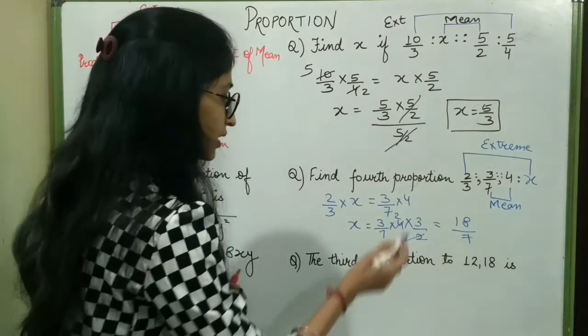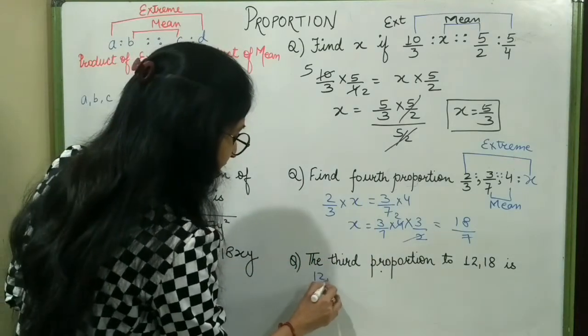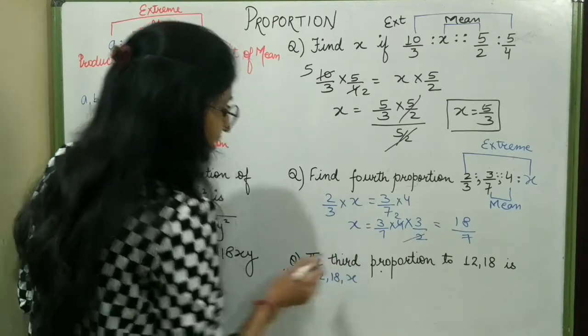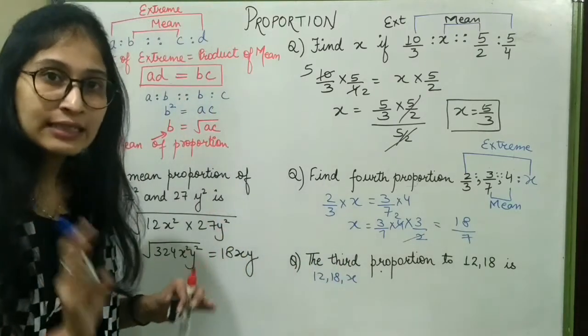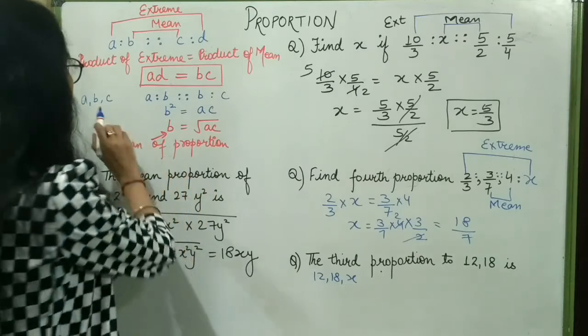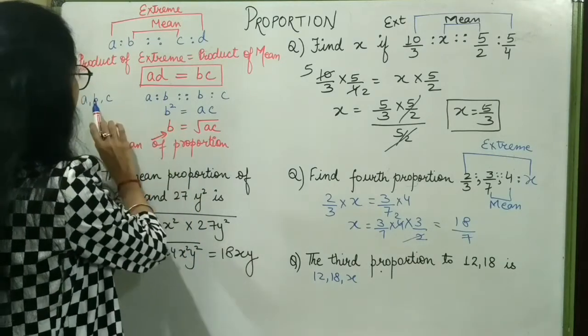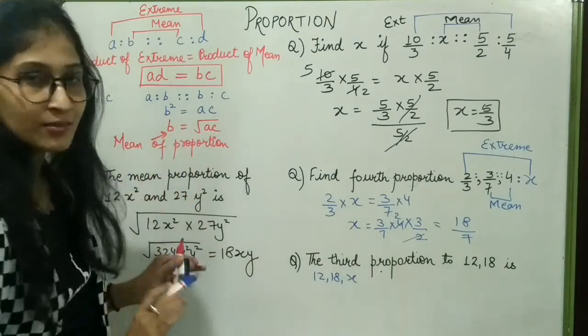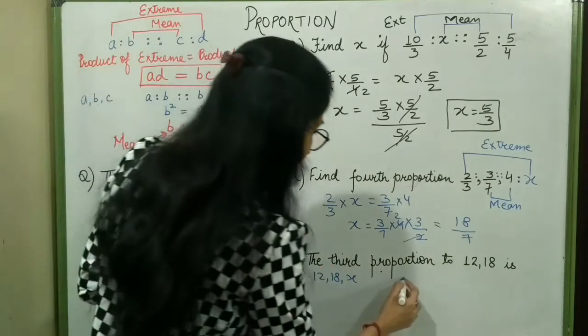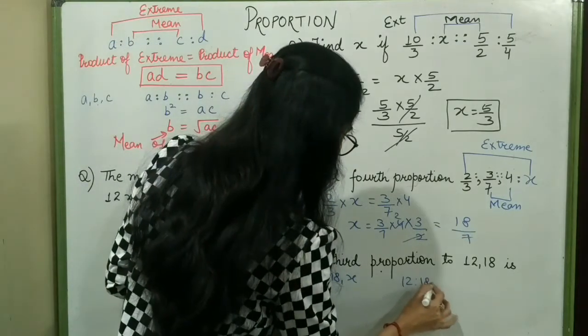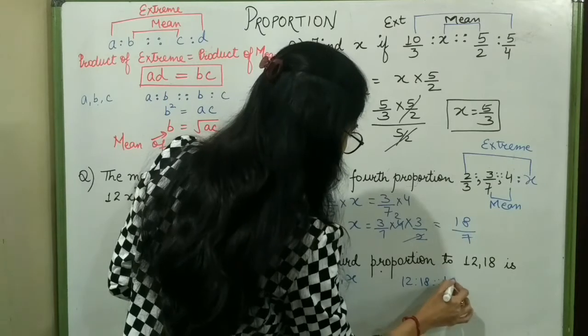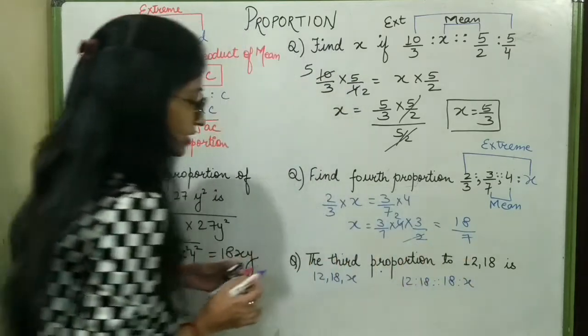Next question, find the third proportion to 12 and 18. Let us assume that the third proportion is x. When there are three numbers given, the rule is I am going to write the middle number twice. So this can be written as 12 ratio 18 proportion to 18 ratio x.